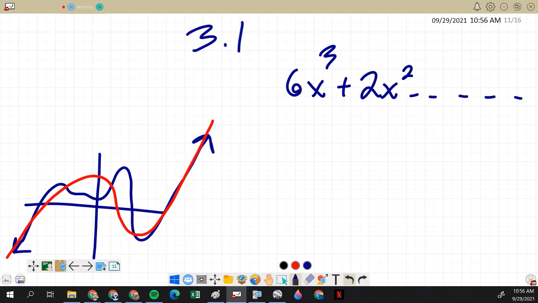Okay, but let's say I want to take my spaceship to the moon. Would you trust this equation to get you to the moon? Now, the moon's really far away, and right when you're throwing darts, the further away you throw a dart, the harder it is to hit the target, because just a small error is going to leave you way out into outer space. So we scrap this equation and we build a better one.